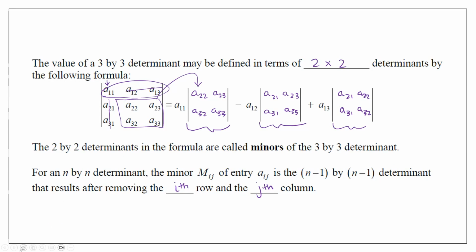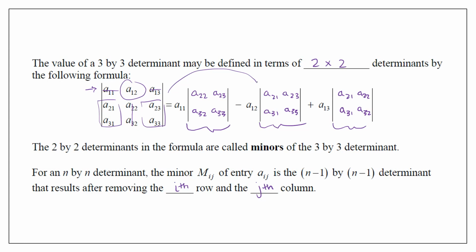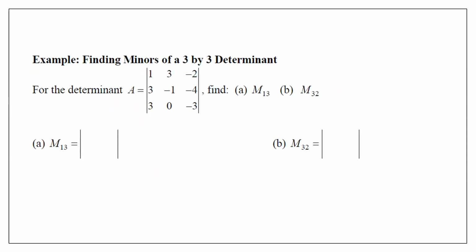If we look at the next entry, we're evaluating using the first row, so we remove the first row and the second column, which leaves the following entries that make up the second minor. And then it continues on. So let's now apply this to an example.